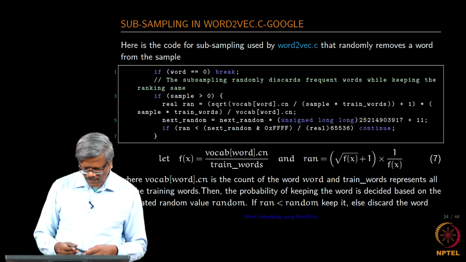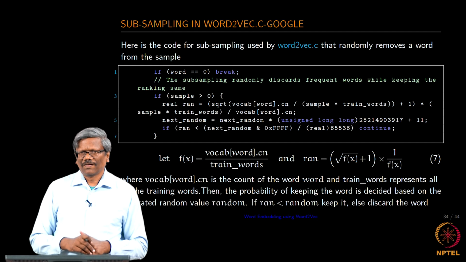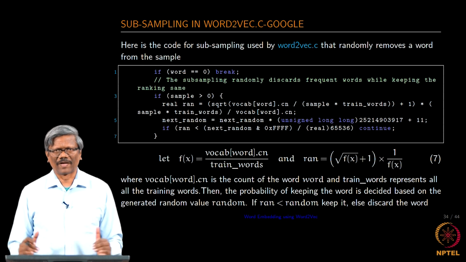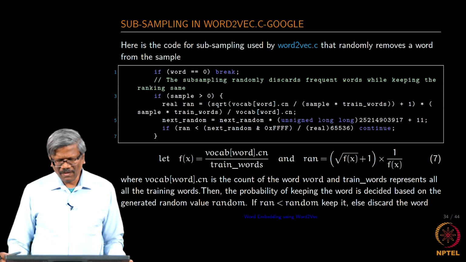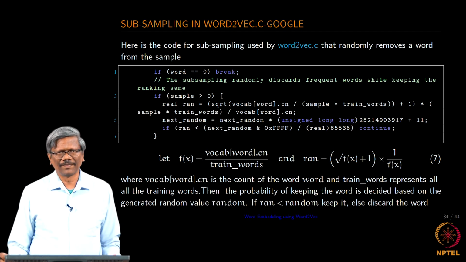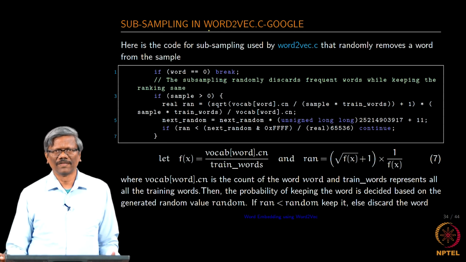Now, what I have in this slide is a real example used in a C program. This is actually a C program written by Google to demonstrate their word2vec model. This is implemented using skipgram.